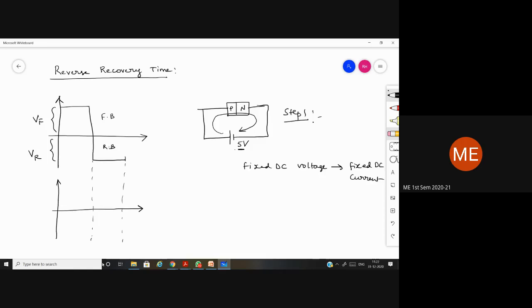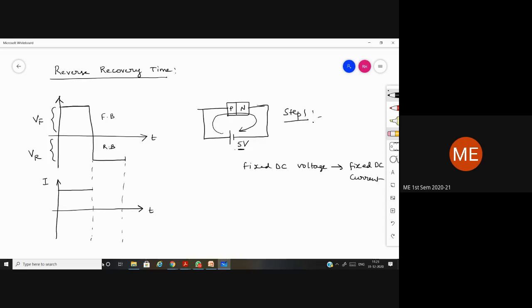For DC voltage, does the current change? Will the current fluctuate? All right. So this is the voltage I'm supplying. For this voltage, I'm plotting the current versus time. This is also time. So I'm getting constant current. Current is flowing through this.